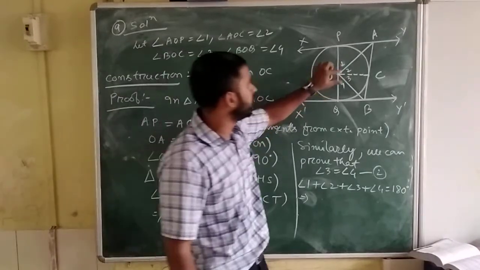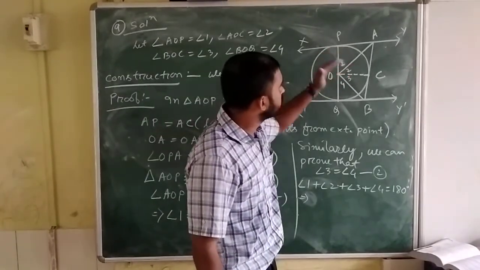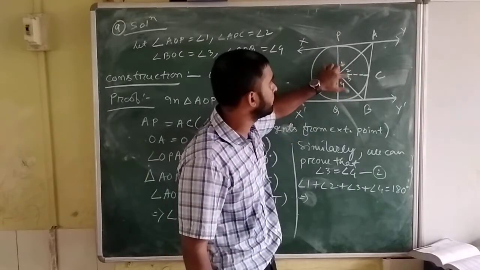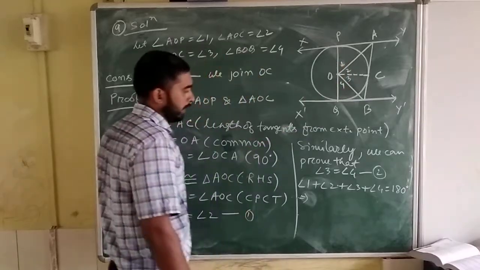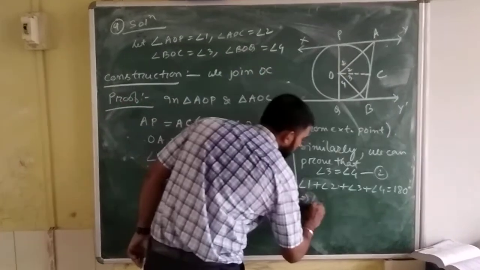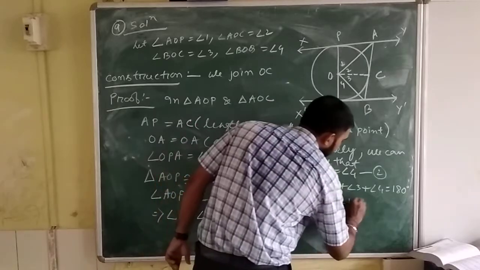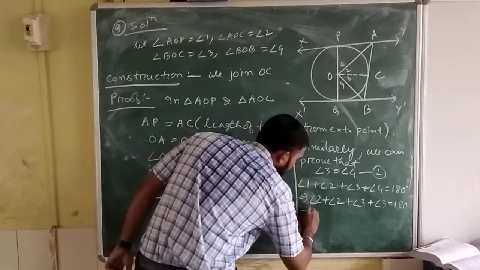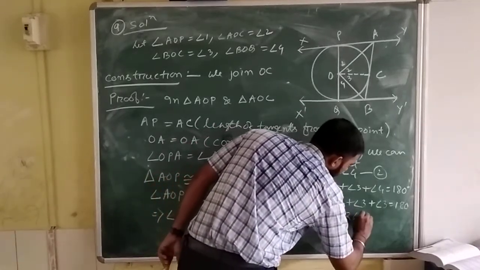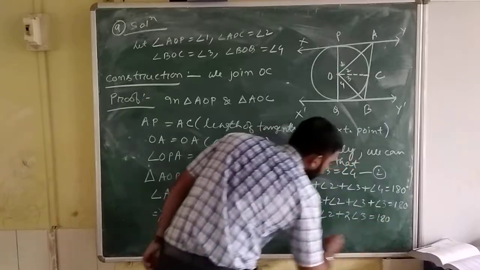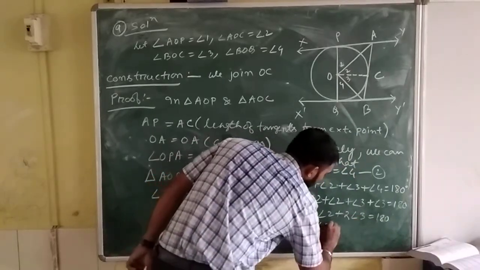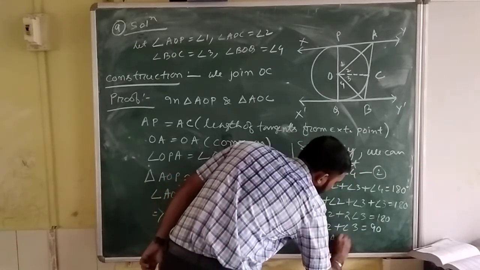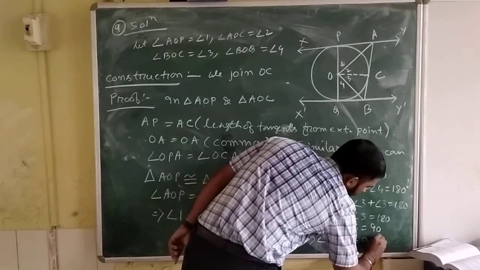The angles in AOB are 2 and 3. So we replace 1 by 2 and 4 by 3: 2 plus 2 plus 3 plus 3 equals 180. Twice angle 2 plus twice angle 3 equals 180. Cancel 2: 2 plus 3 equals 90. Now 2 plus 3 means angle AOB equals 90 degrees.